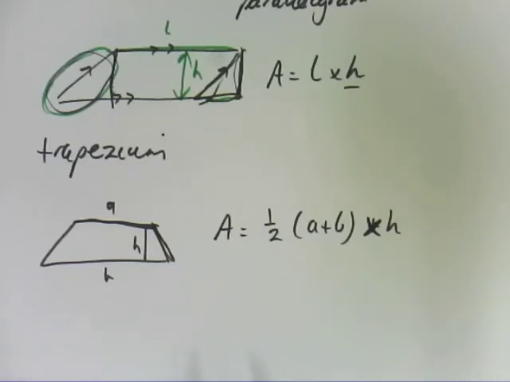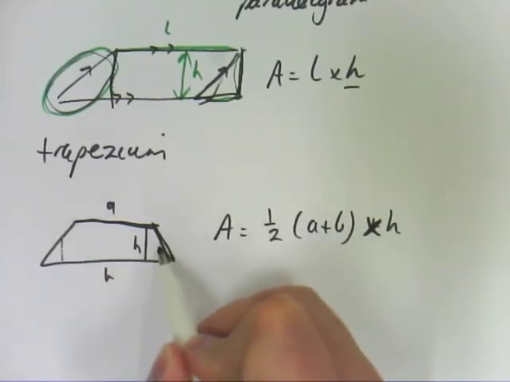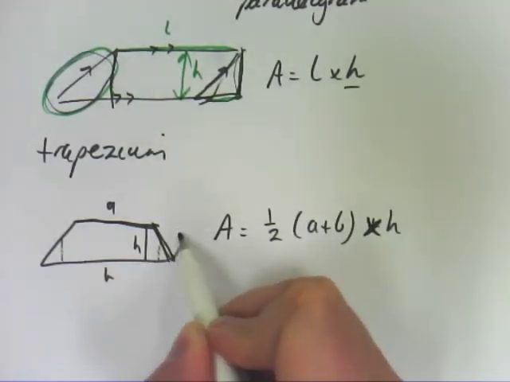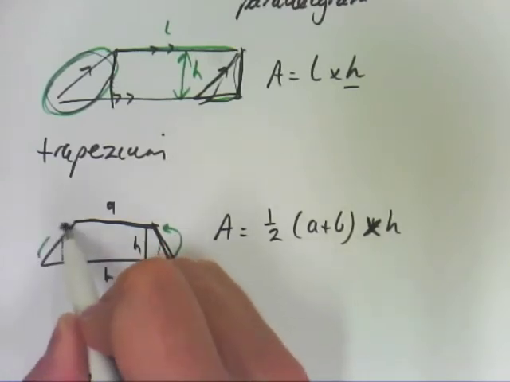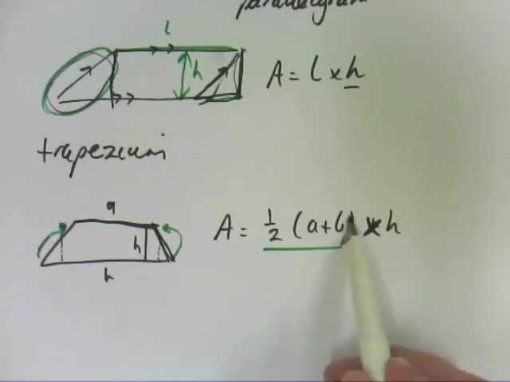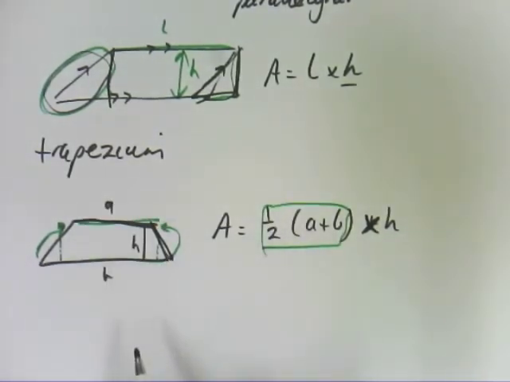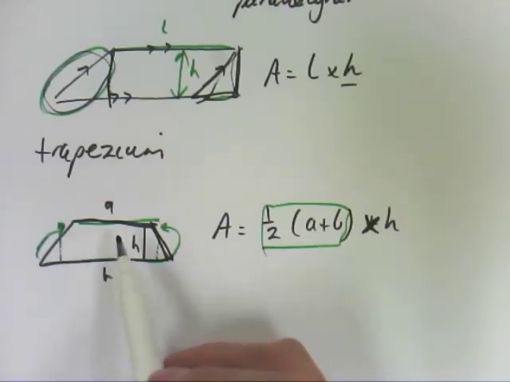Now again, I can explain this if you would like. What you do is you cut off that section off each side and rotate it, and it fits back up nicely in that section there. So what you're essentially doing here is averaging the lengths of A and B, working out what's in between them, and then multiplying by the height.